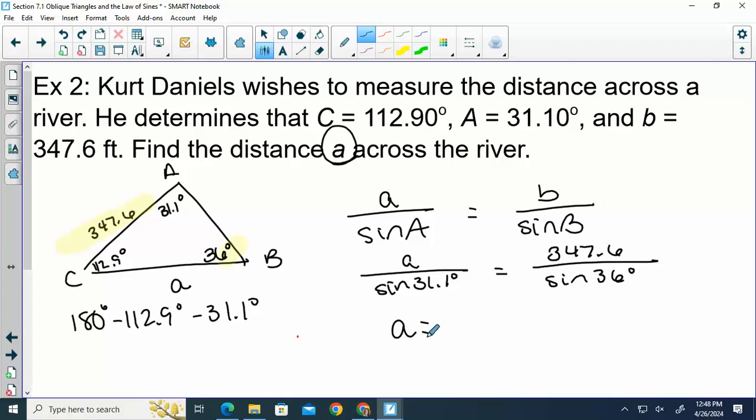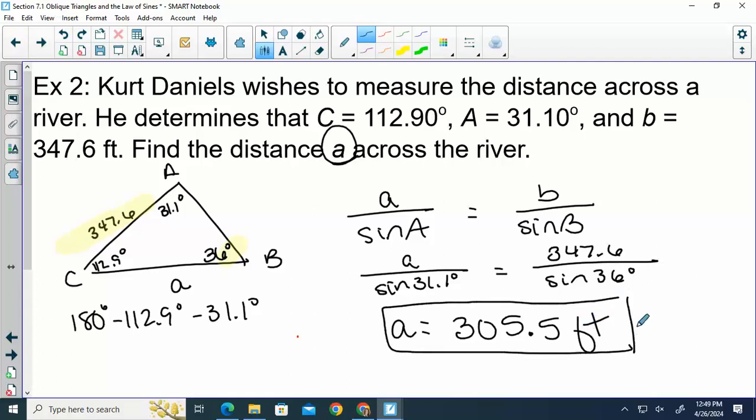So then we just multiply over the sine of 31.1. And what do you get? 305.5. How many significant digits were given here? This one was 5, but this was 4, and this was 4. And remember, the rule is you use the least number, so we go to 4. I tried to say 1 because that's how many were after the decimal. Yeah, 1 decimal is what we needed.